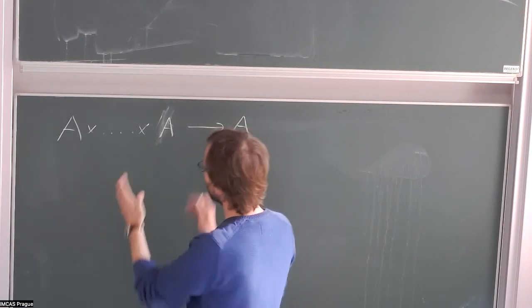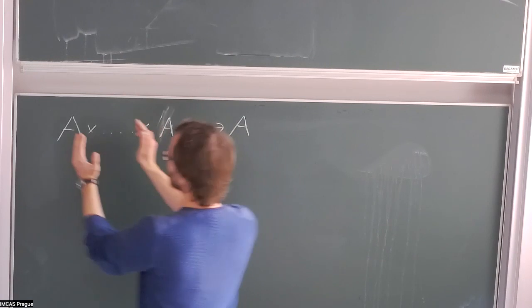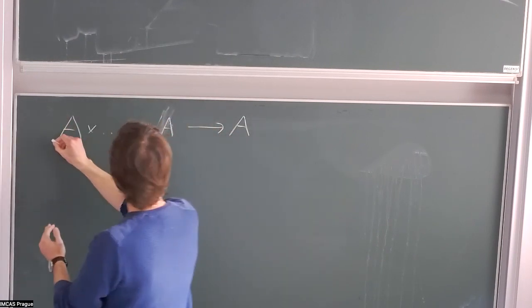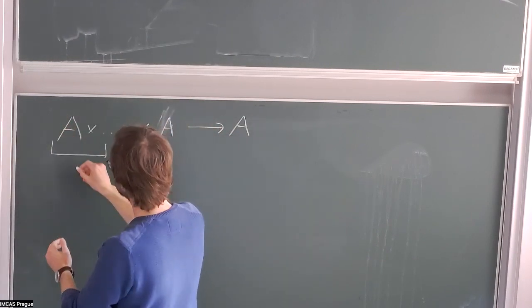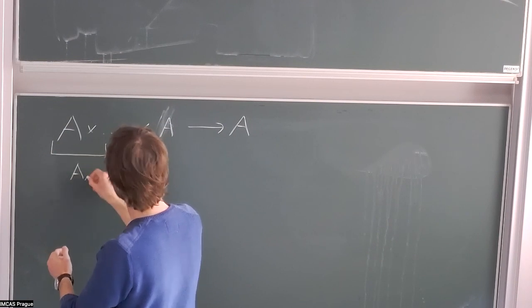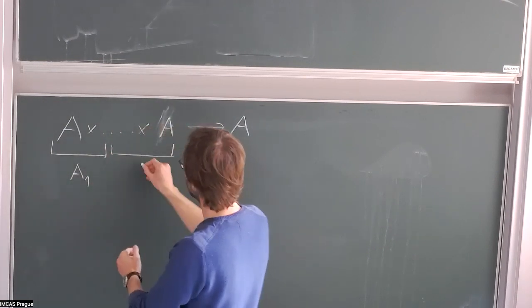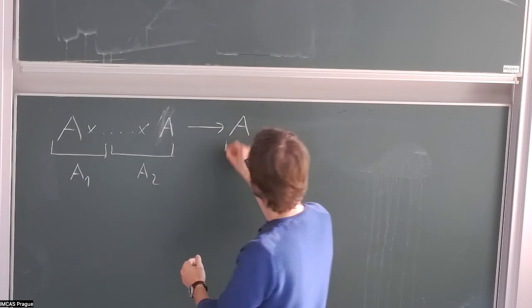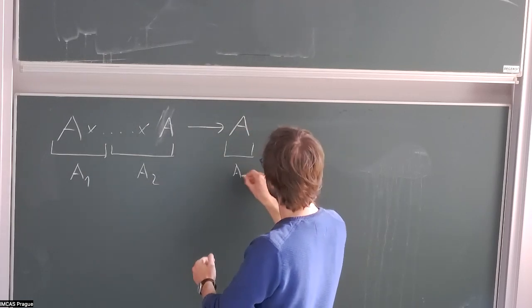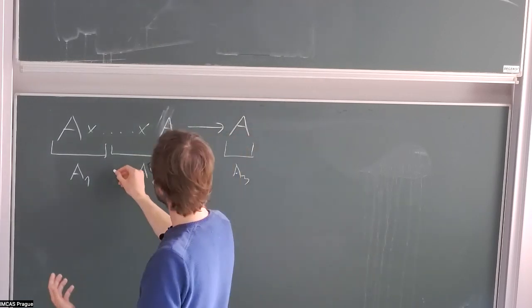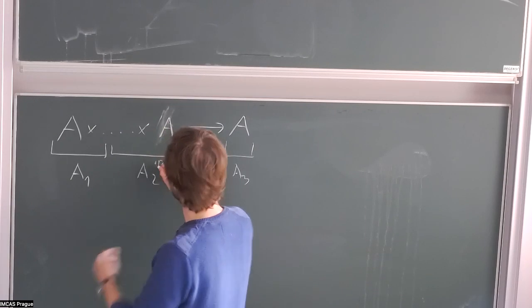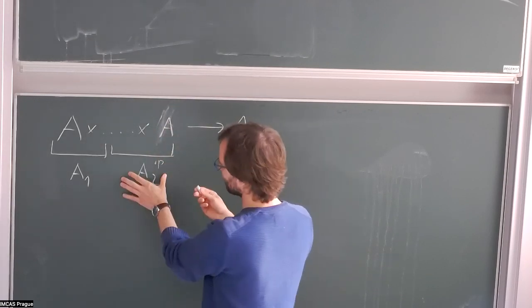But then what do we do? I can group all the antitones together, and I can group all the monotones together, right? So this gives me some lattice, A1. This would give me lattice A2. This is lattice A3. And then I flip this around, so if that was all antitone, then I just make it monotone.